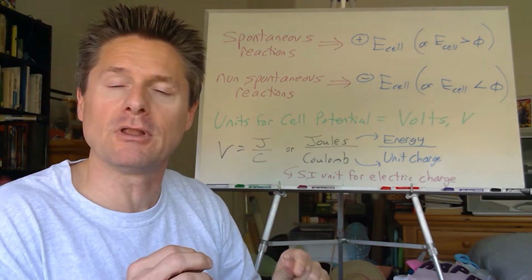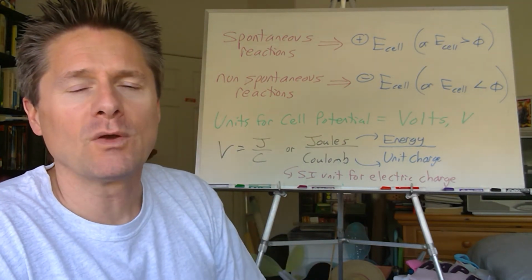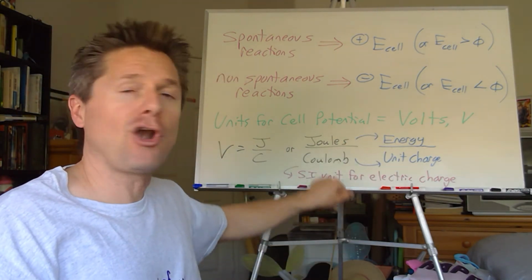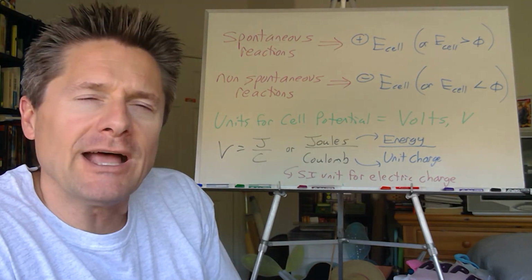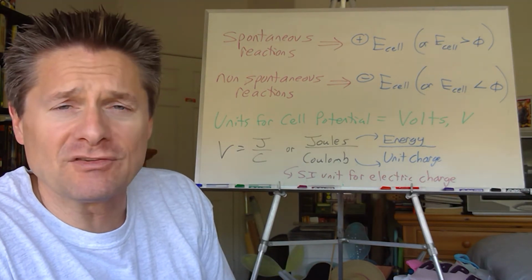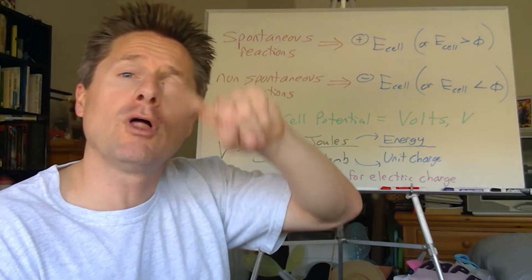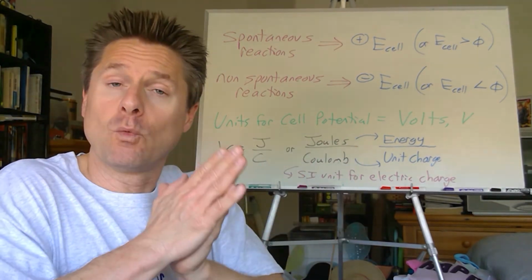I don't remember the exact number, but it's pretty small for a single electron. So obviously we're dealing with mole quantities of electrons when we're dealing with these electrochemical cells. So, energy per unit charge, joules per coulomb. A lot of times when we're doing unit line equations later on, instead of writing volts as V, we'll write it as joules per coulomb, so you can see coulombs cancel out or joules cancel out. All right, so we'll get into the next one.